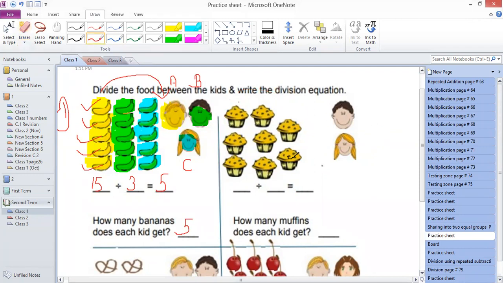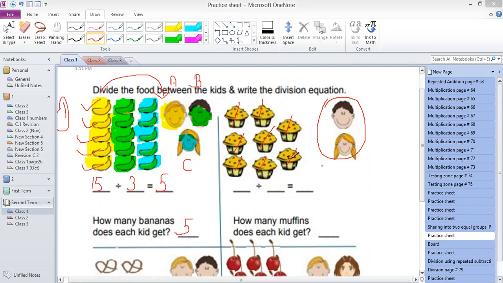There are 8 cakes. Let's count. 1, 2, 3, 4, 5, 6, 7, and 8. So there are 8 cupcakes. And how many kids do you want to divide them among? 2.